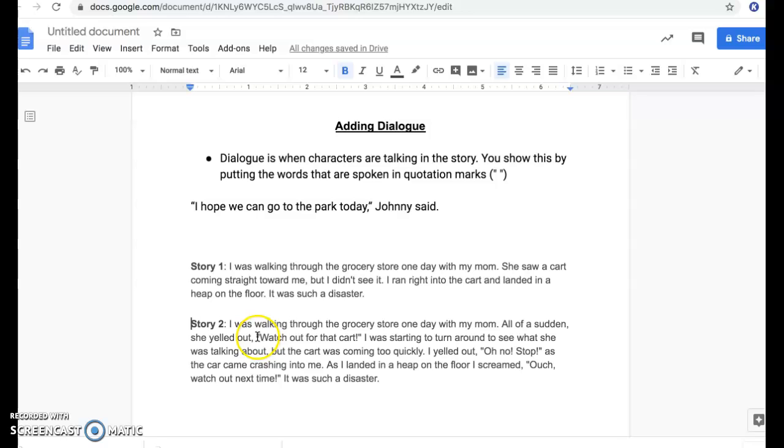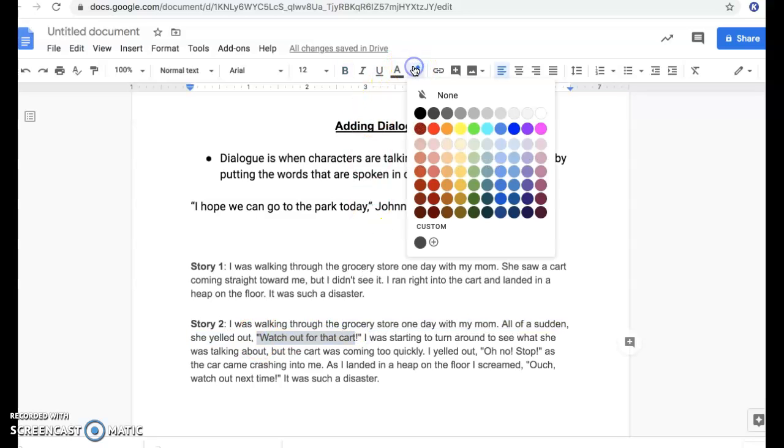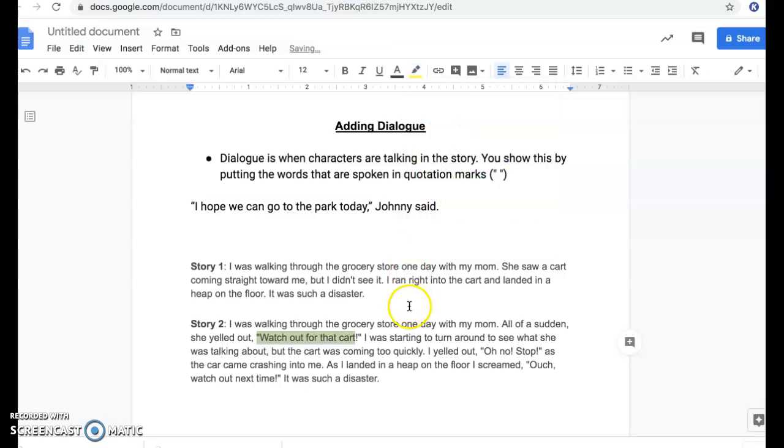Now I'm going to highlight all the places where there is now dialogue. Okay, so the part where the cart is coming at this character, the mom yells, and she doesn't say, she yells. This word here tells me how the mom is feeling, right?